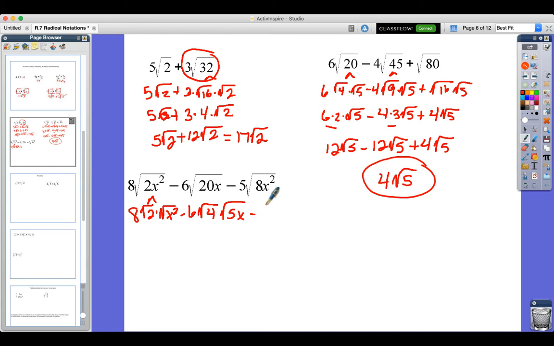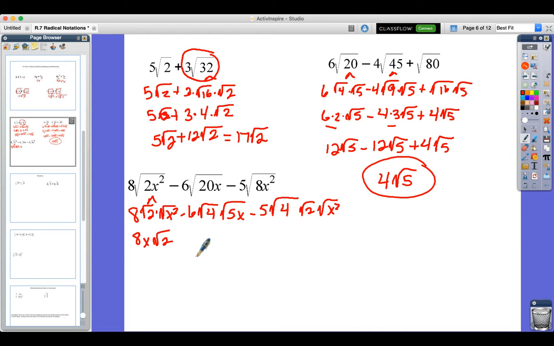And then you get 5, and then radical 4, radical 2, and then radical x squared, because 4 times 2 times x squared is 8x squared. As we simplify this, we get 8, and the x squared becomes just x. That's the only thing that factors out, and you're left with the radical 2.